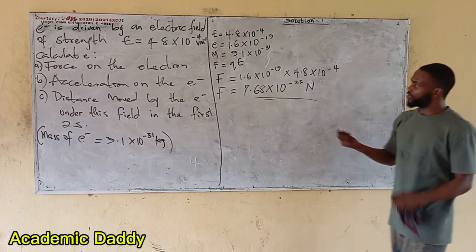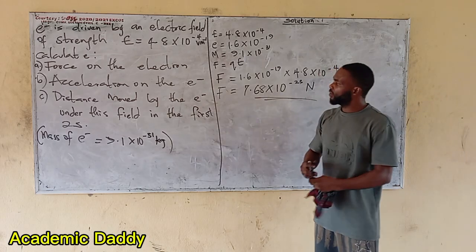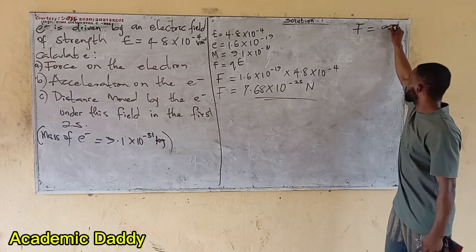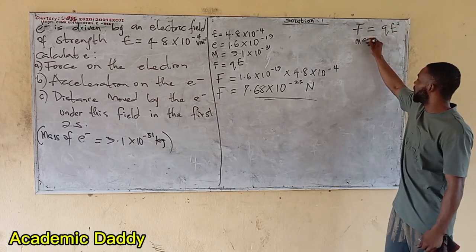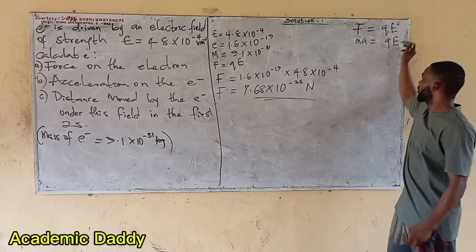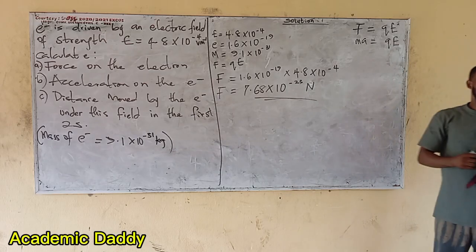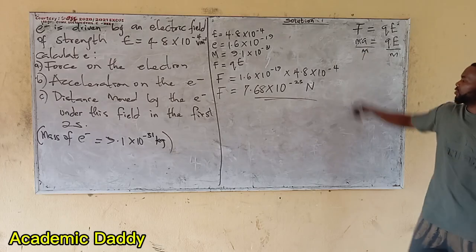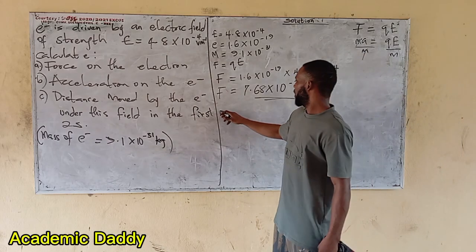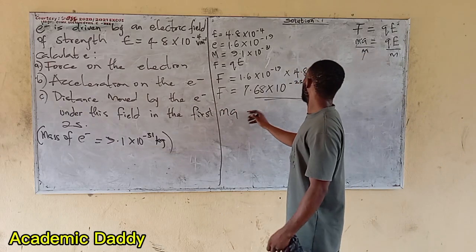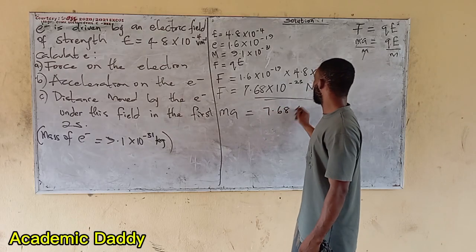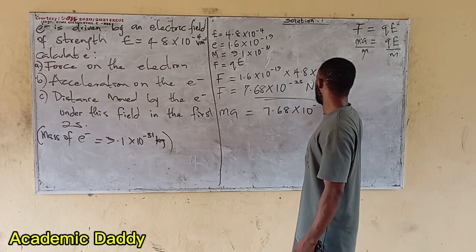So the acceleration is simply applying that principle, where I said that F equals QE is the same thing as saying MA equals QE. If you remember, without stress, I can now divide by M. So this is the same thing as saying MA equals, and QE is giving me 7.68 times 10 raised to the power minus 23.